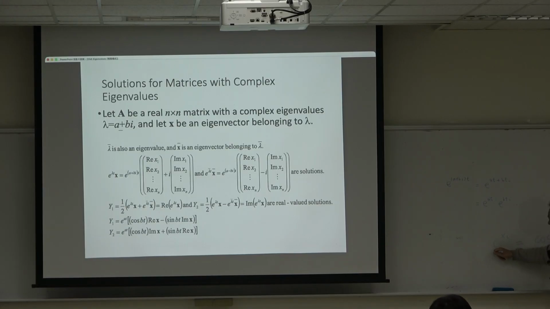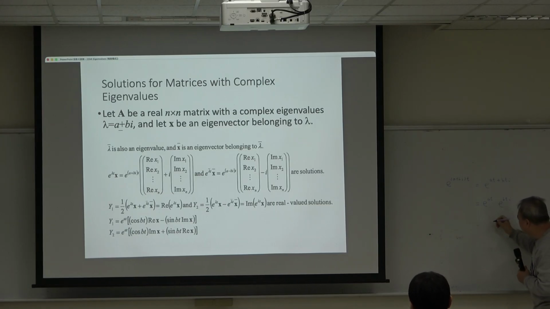So if you know this, then let me erase this. Then this thing can be written as e to the power of at times cosine bt plus i sine bt.